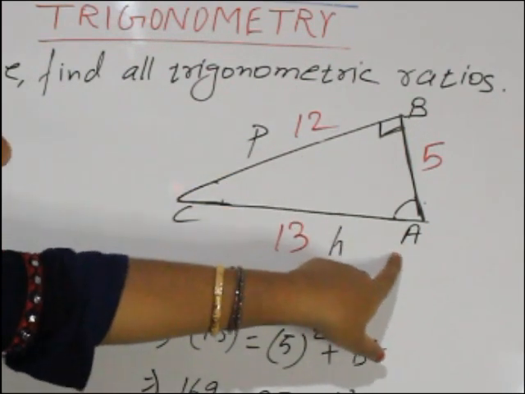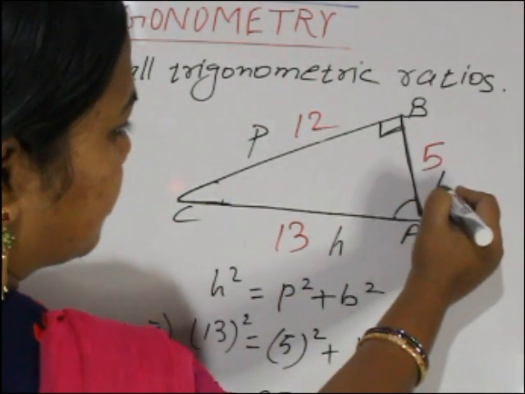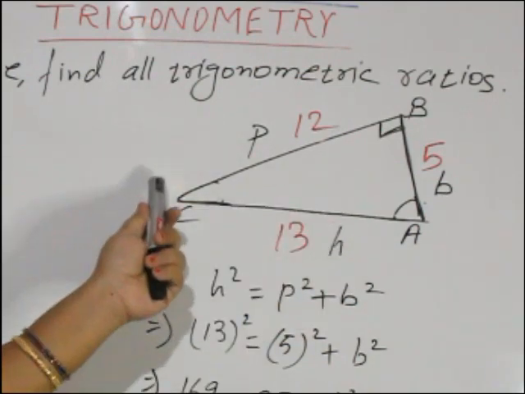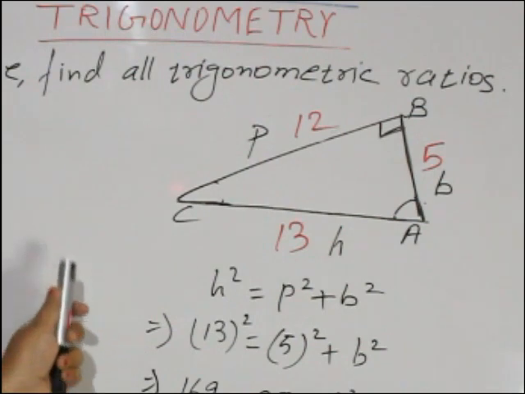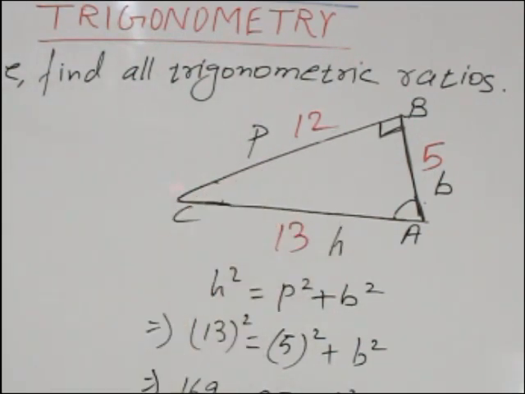And the side adjacent to angle A, BA, becomes the base. So you see, before figure and this figure, what is different? P and B positions are exchanged because the angle of reference is changing. As the angle of reference changes, P and B positions change.